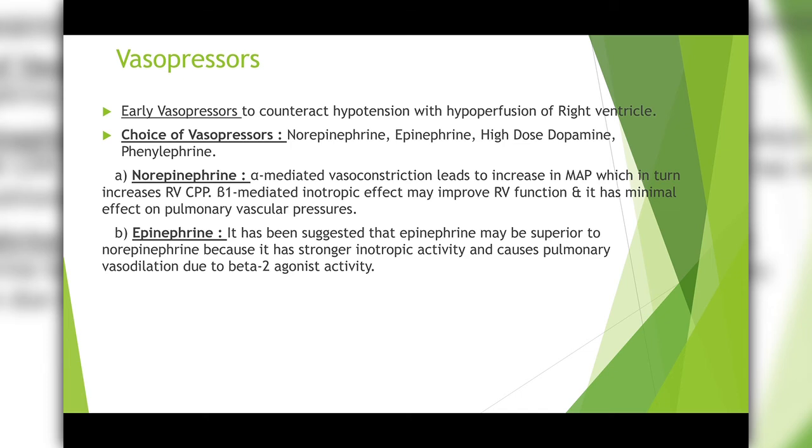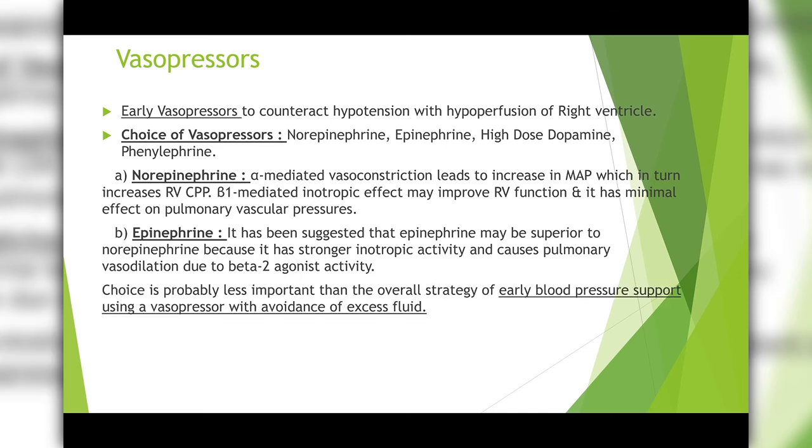Adrenaline has stronger inotropic activity and also causes pulmonary vasodilation due to beta-2 agonism. The choice of vasopressors is probably less important than the overall strategy of starting early vasopressors.